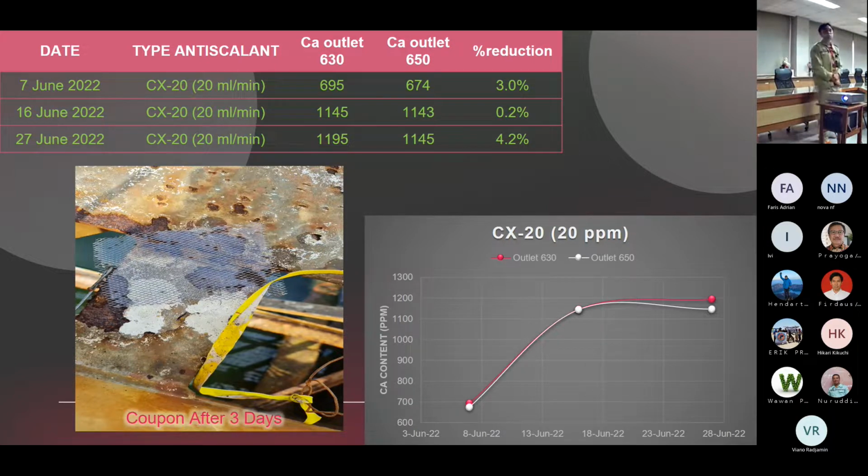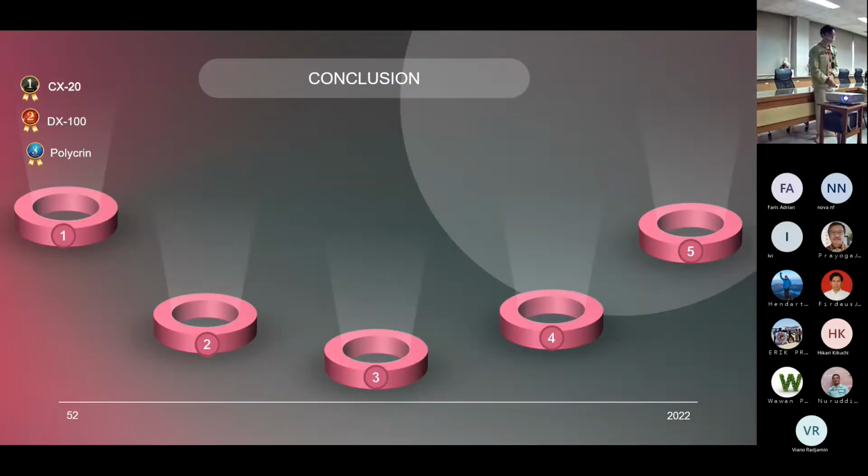So now we have come to our 5 points of conclusion. The first is the rank of the anti-scalants based on our lab test, from the most optimum to the least effective. First is CX20, followed by DX100, and then lastly polyclean. Second point, DX100 has an optimum dose at 75 ppm and has a low performance at 25 ppm.